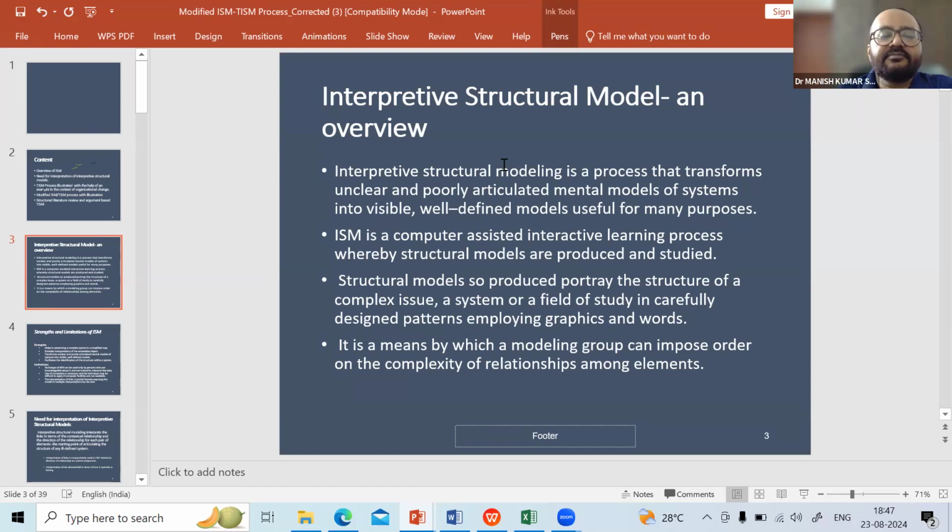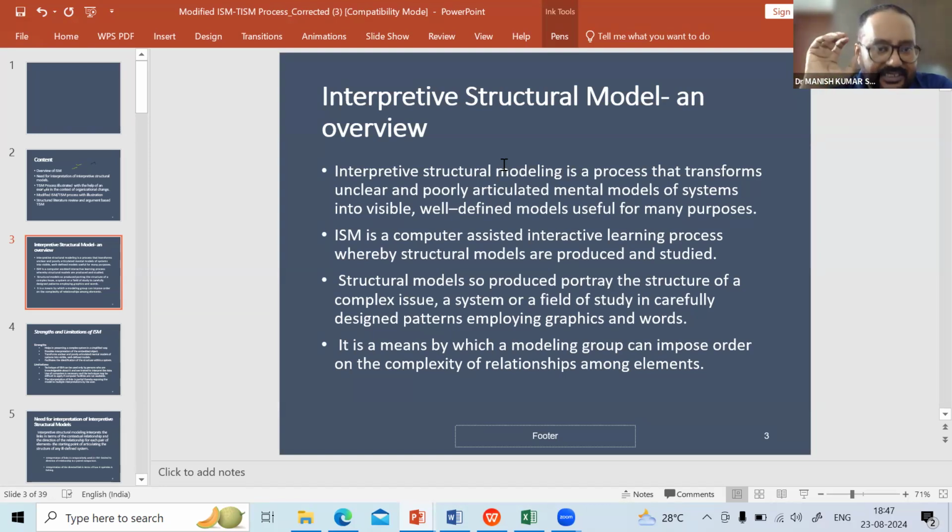Now, ISM is a computer-assisted interactive learning process where structural models are produced and studied. There is a software also used for that, what we call Smart ISM software, in which you just put in some values. It will try to give the results, but in more than 50% of cases, it generally doesn't give the right path or right diagram because of the lack of proper data.